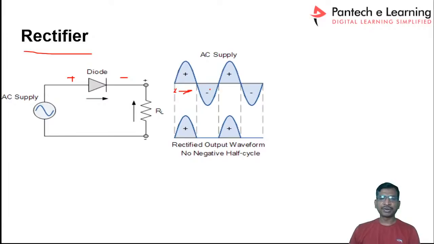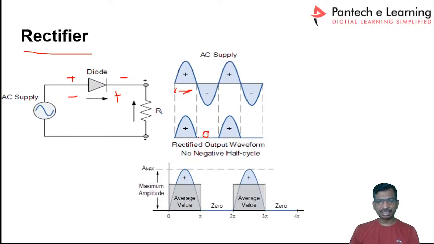Similarly, for the negative period, it will not be forward biased, so it will be reverse biased, and the output voltage will be 0. Since it's a half wave rectifier, we get the output voltage only on the positive side, and for the negative period we do not get output voltage.